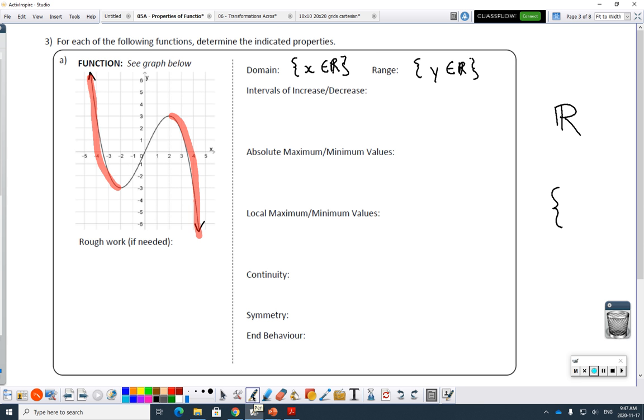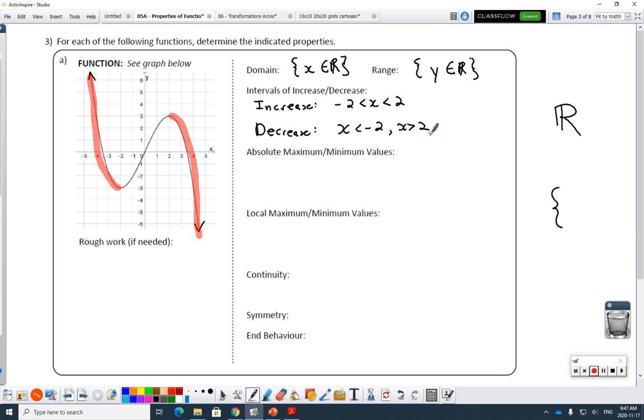So here we go. Increase is in the non-highlighted spot between -2 and 2. So I'm going to write -2 less than x less than 2. Decrease: two different intervals. Over here, when the x values are less than -2, and again, when the x values are greater than 2.